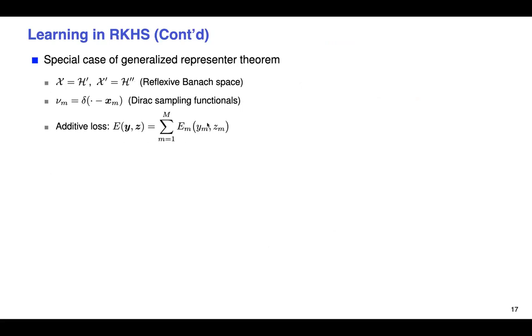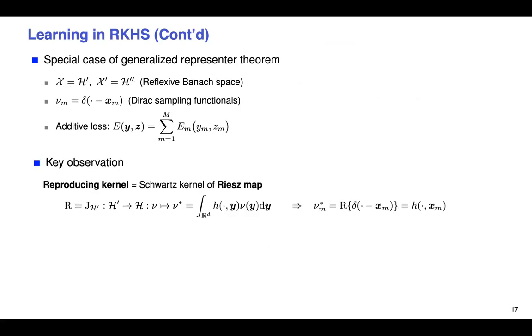We have additive loss here, and what we need here is just this conjugate mapping. In that case, what's important is R, the Riesz map that goes from H prime to H, and this is now a linear operator.